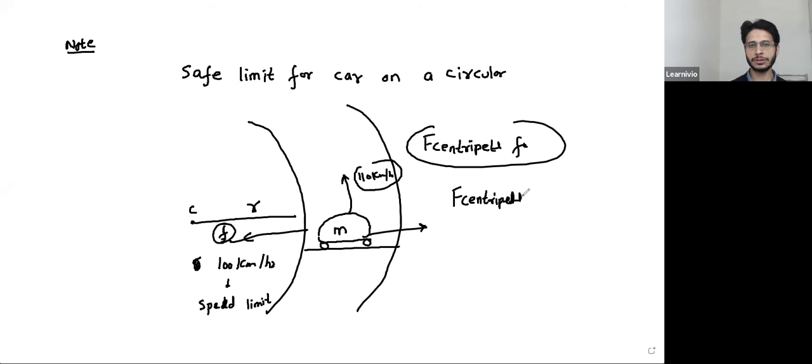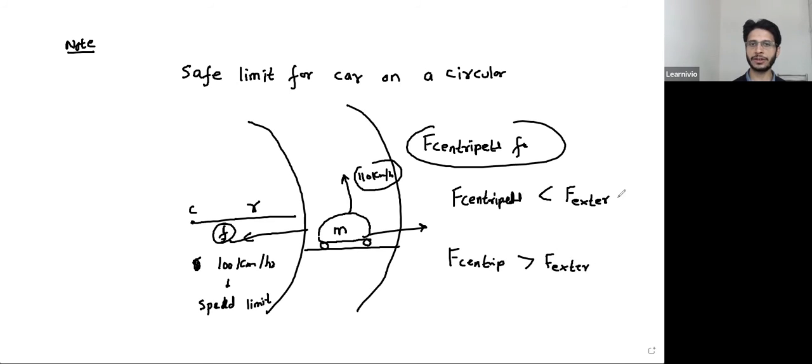I'm giving you two options for the safe limit, for the safe turn. Either the centripetal force is less than the external force which is providing the centripetal force, or the centripetal force can be greater than the external force.